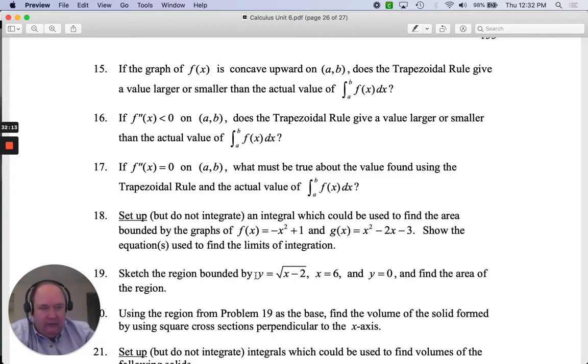Negative x squared plus 1. I don't even need to know that really, right? 1, 2, 3. I'm just sketching. In terms of the limits, though, I do need to know it, so I am going to make them equal to each other so I can find the limits.